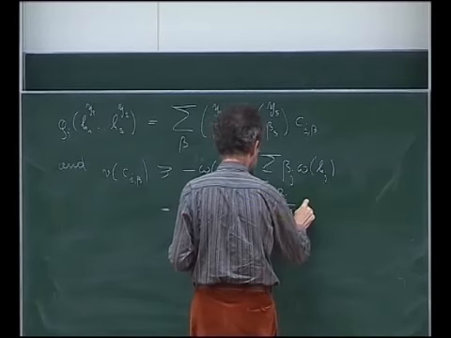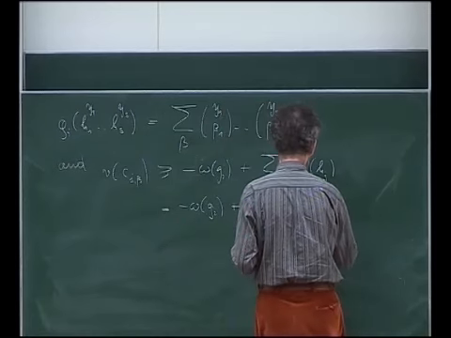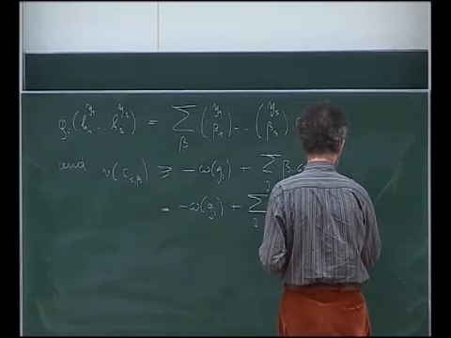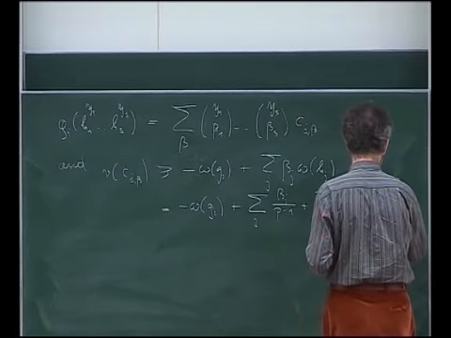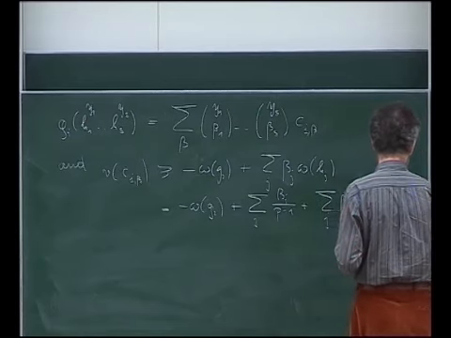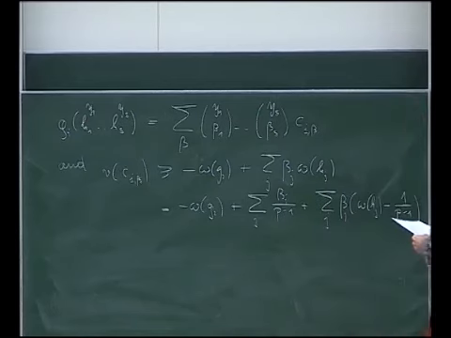And now this I rewrite artificially by inserting here the sum over j of beta j over p minus 1. And then I can subtract this again: beta j times omega hj minus 1 over p minus 1.